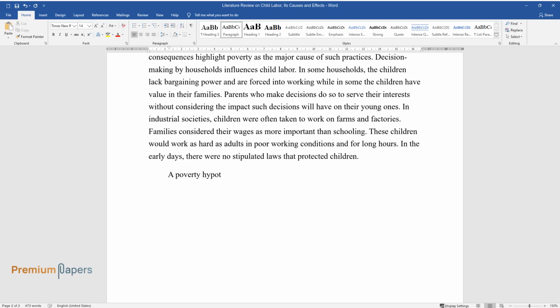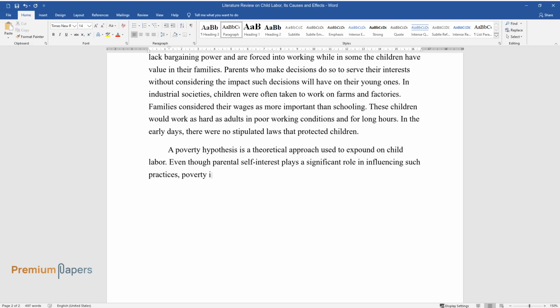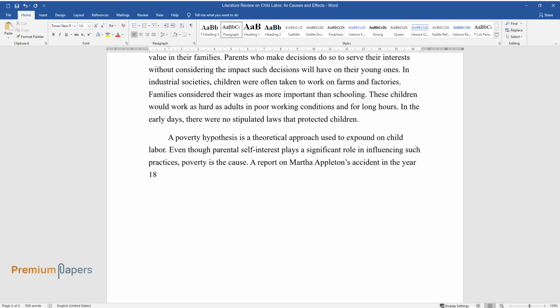A poverty hypothesis is a theoretical approach used to expound on child labor. Even though parental self-interest plays a significant role in influencing such practices, poverty is the cause. A report on Martha Appleton's accident in the year 1859 highlights how important child labor exploitation was for Britain's economy.